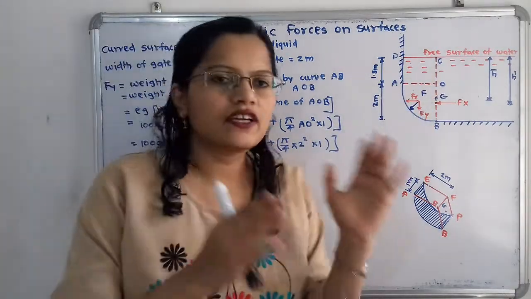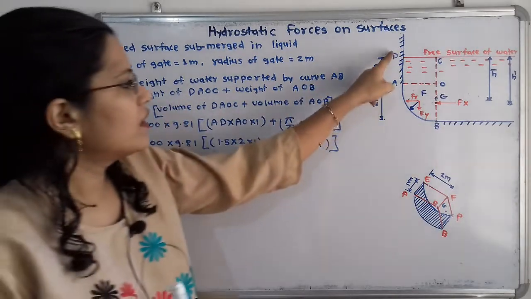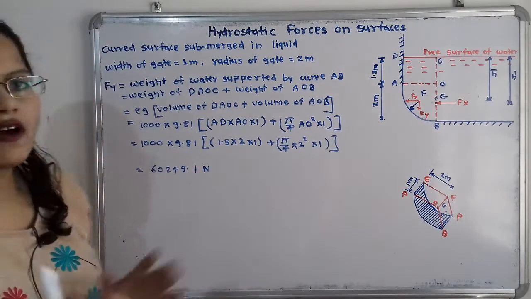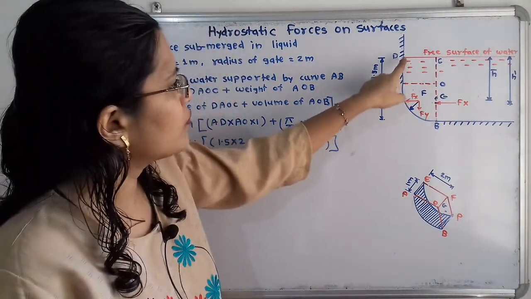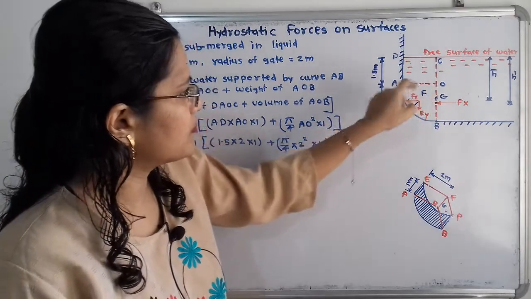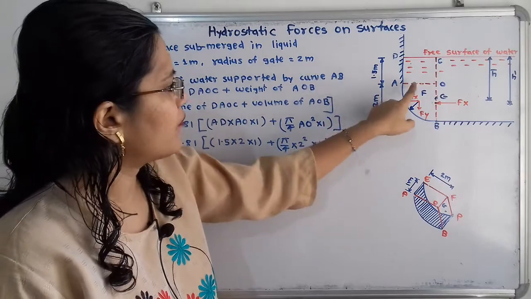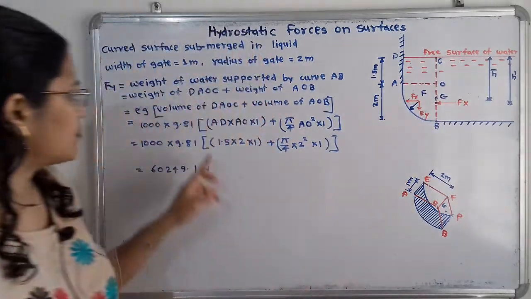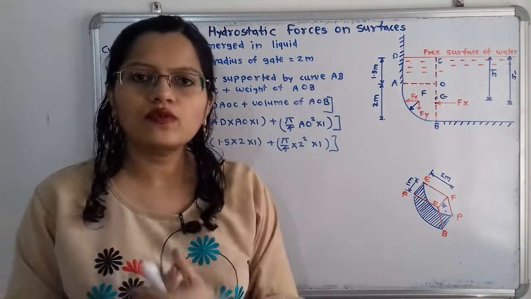So we can take rho g as common, and in the bracket we write volume of DAOC plus volume of AOB. Now how to calculate the volume? For this volume, if we observe, this is a rectangular shape. So we take this height as well as this length, that is 1.5 into 2, multiplied by width. The width is given, that is 1 meter. So we take AD multiplied by AO into 1.